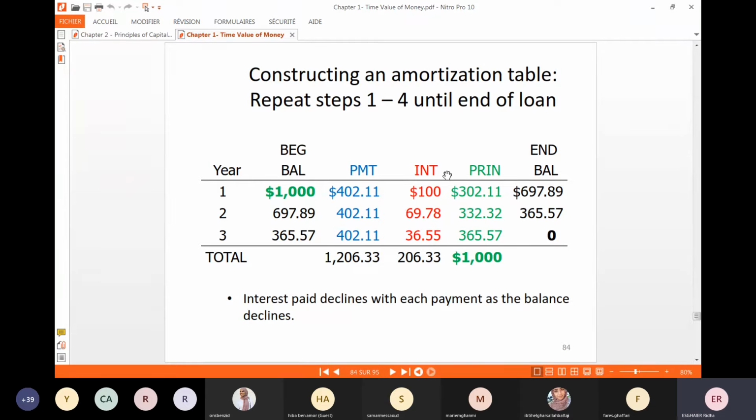We have another modality of reimbursing a loan. We call it the pure discount loan. The pure discount loan is very simple. Simply, the borrower will set with you the interest rate, for example here 10%.